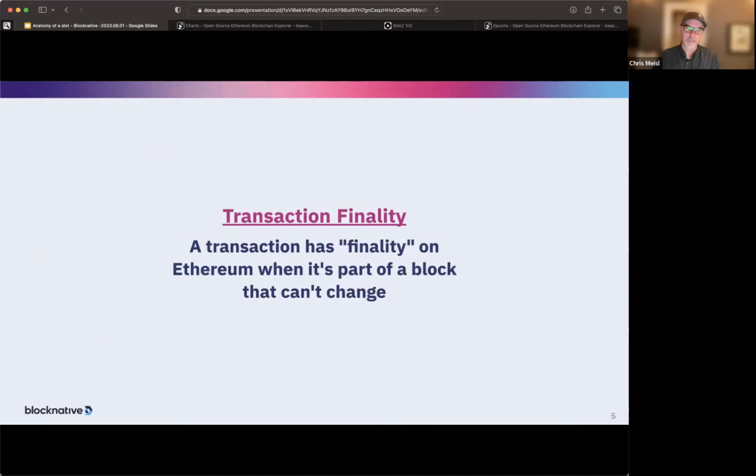So the goal, of course, of the consensus layer is to get transaction finality. The definition of finality means that a transaction can no longer be changed. And of course, because it's a blockchain, transactions come in groups called blocks. So what that means is that the block can't be changed. This is actually a big difference from what we've had in the past.